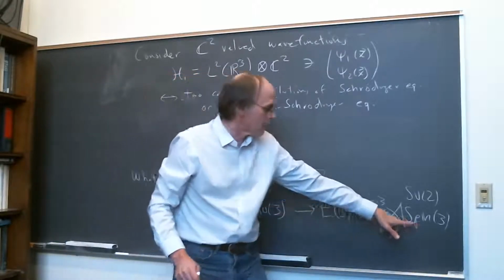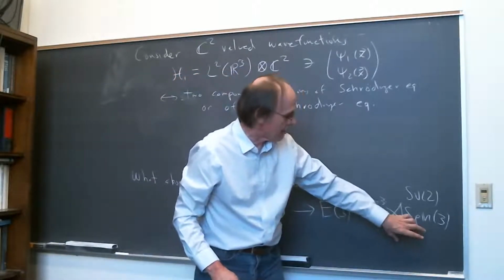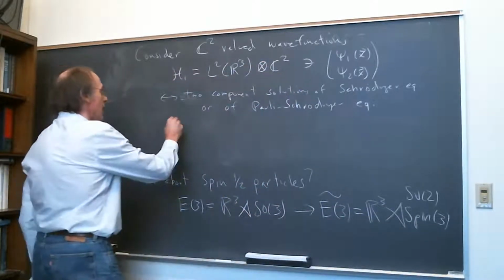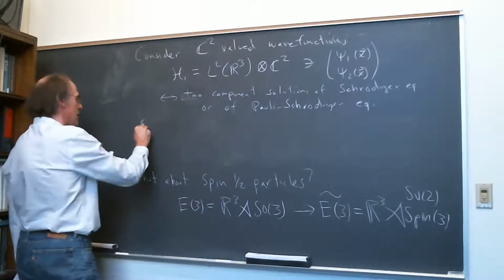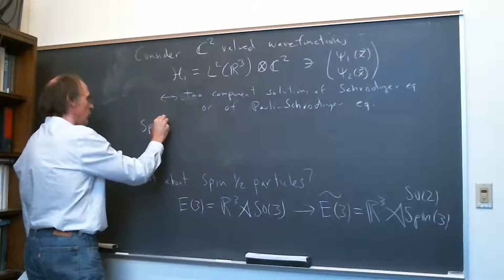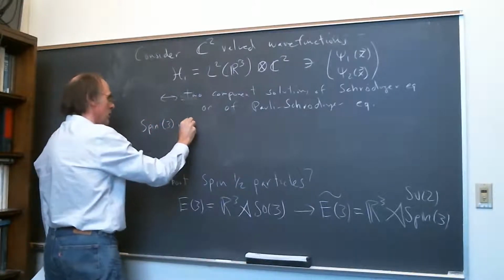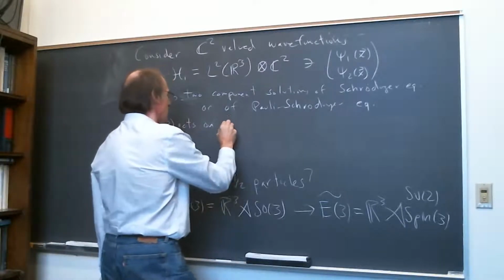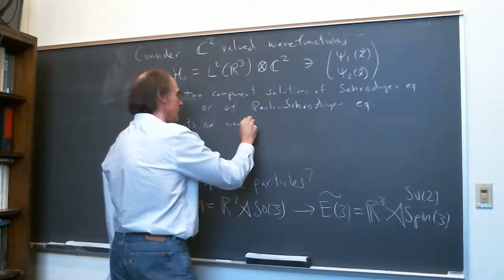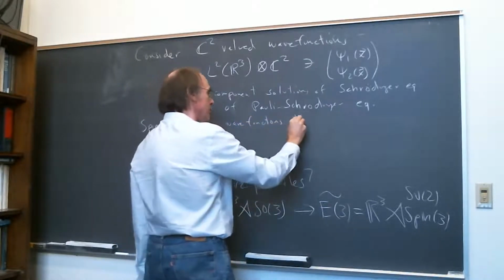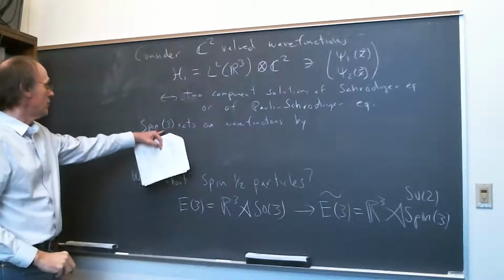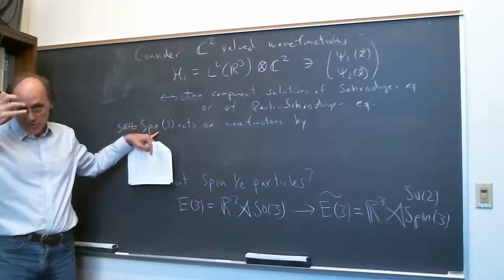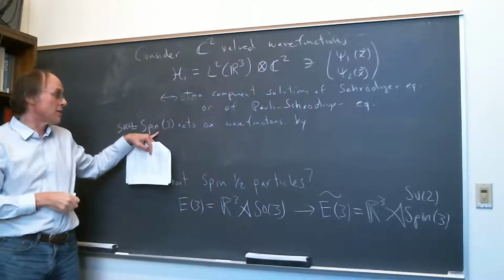rotation group, now you have to go to this double cover, and when you ask how a rotation is going to act on these wave functions, you're going to have that rotation that Spin(3) acts on wave functions. So the group elements here are just 2 by 2 complex unitary SU(2) matrices.